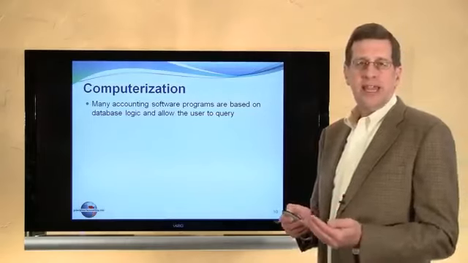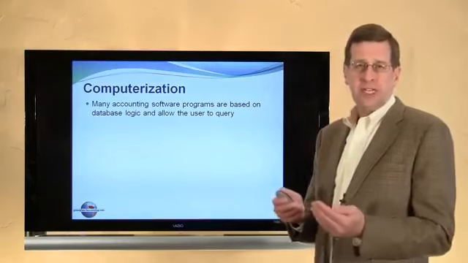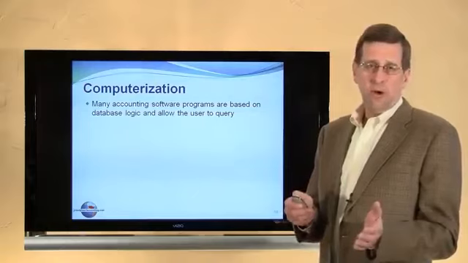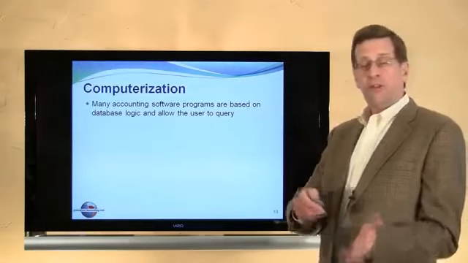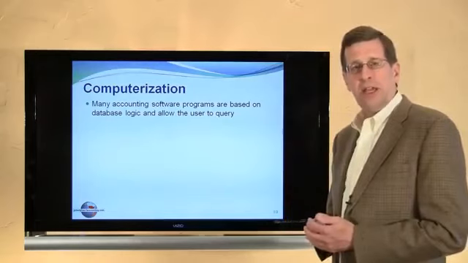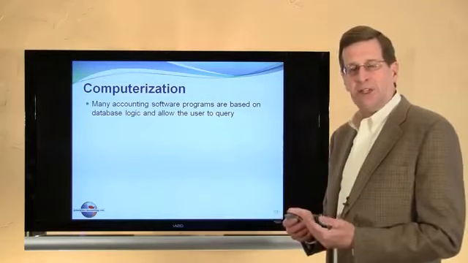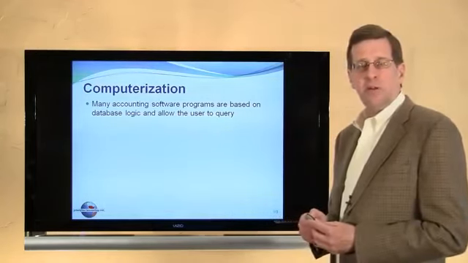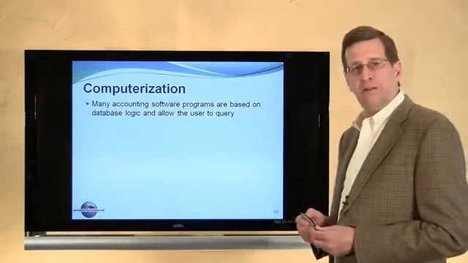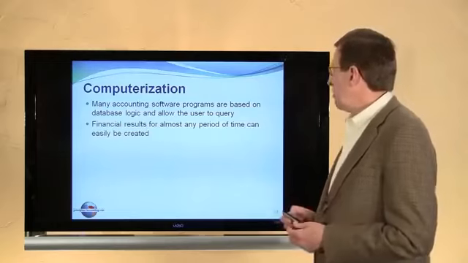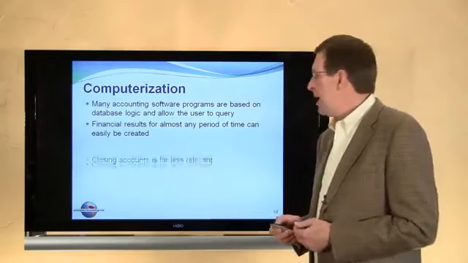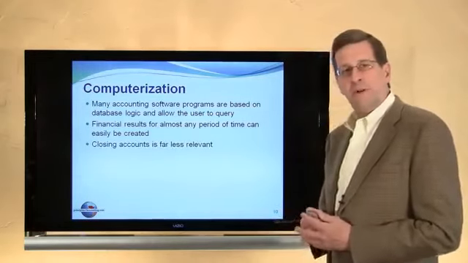So one could say, give me the information about revenues and expenses for the period January 1, year 1 through December 31, year 1, or January 1, year 3 through December 31, year 3. It's not necessary that you restart the accounts at each particular period, given the robust character of a sound computer-based accounting system. Financial results for almost any period of time can be created, and the closing account becomes far less relevant.